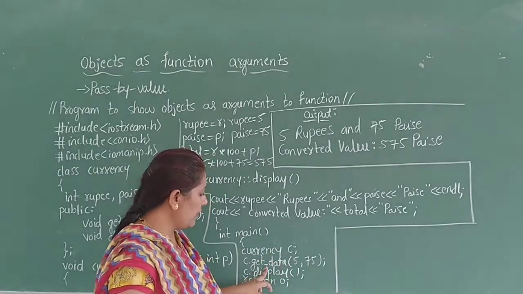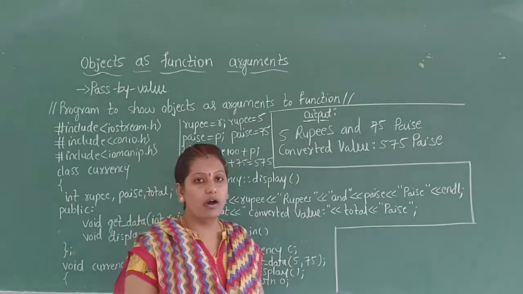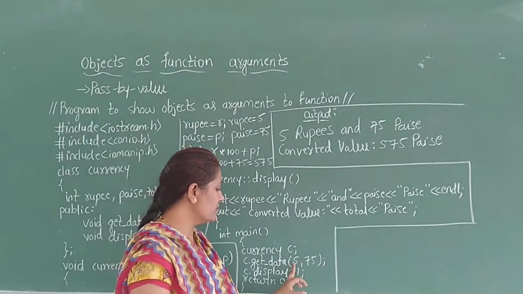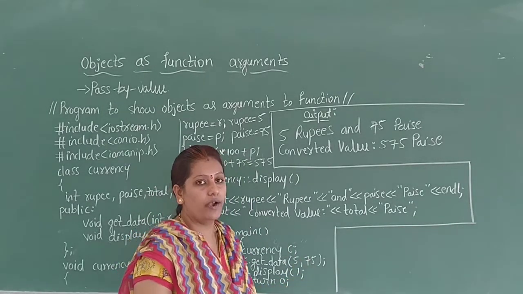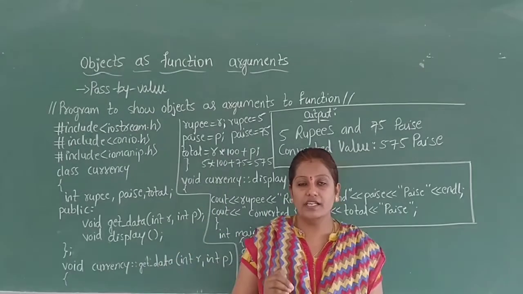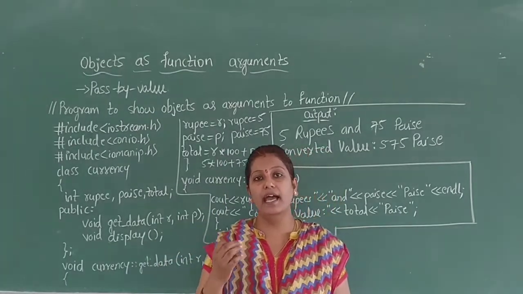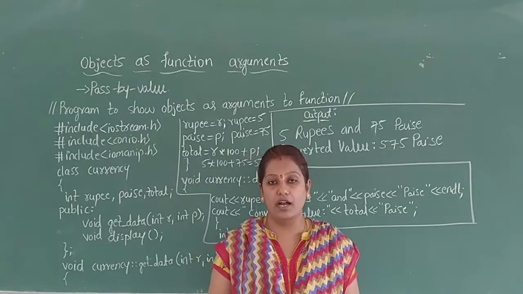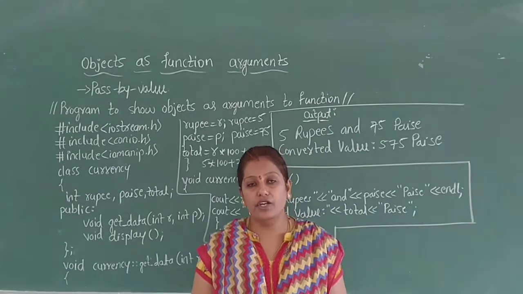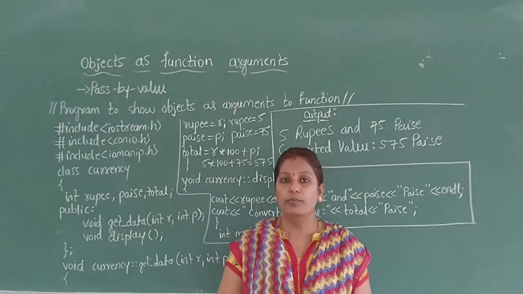In the member function we declare two arguments r and p, and we passed two values 5 and 75. This is called the pass by value method, where we copy the entire object value to the function. It is considered as objects as function arguments in the program.